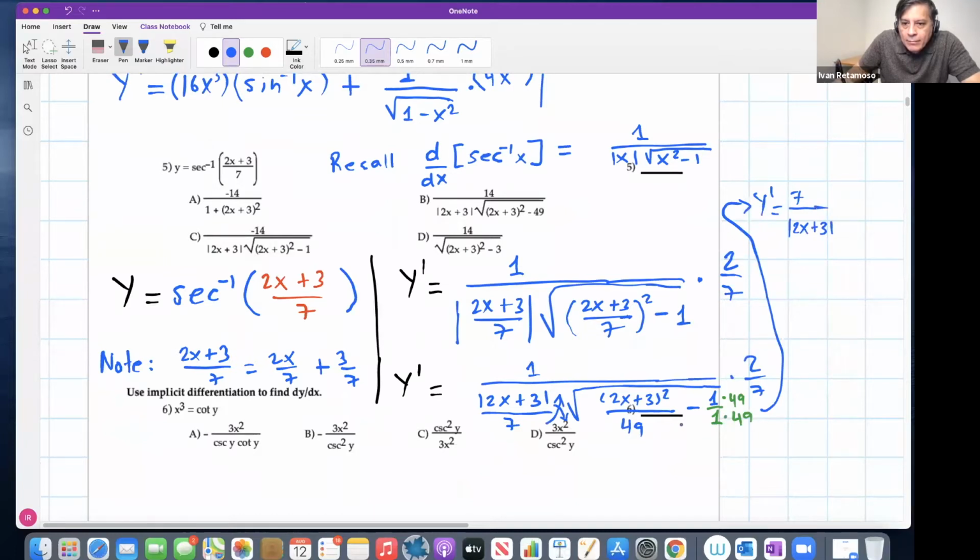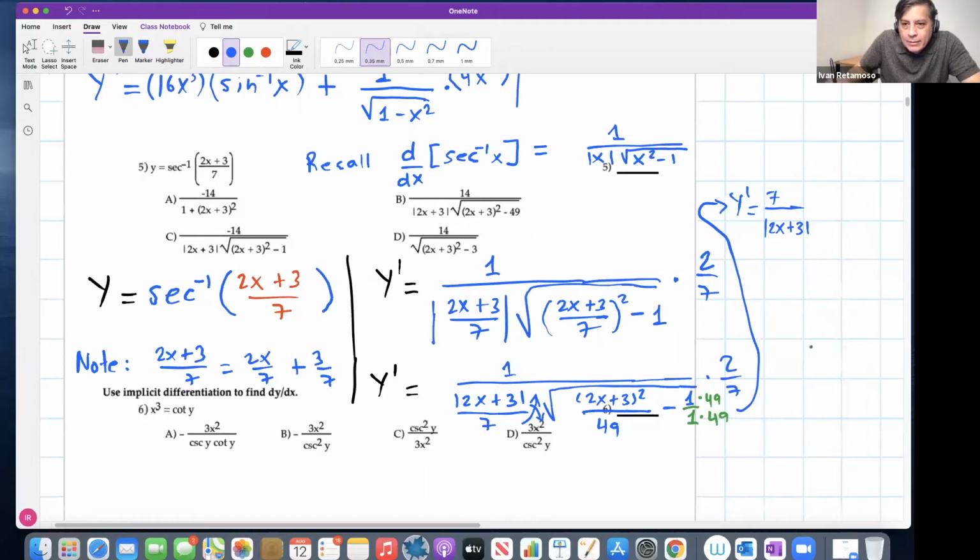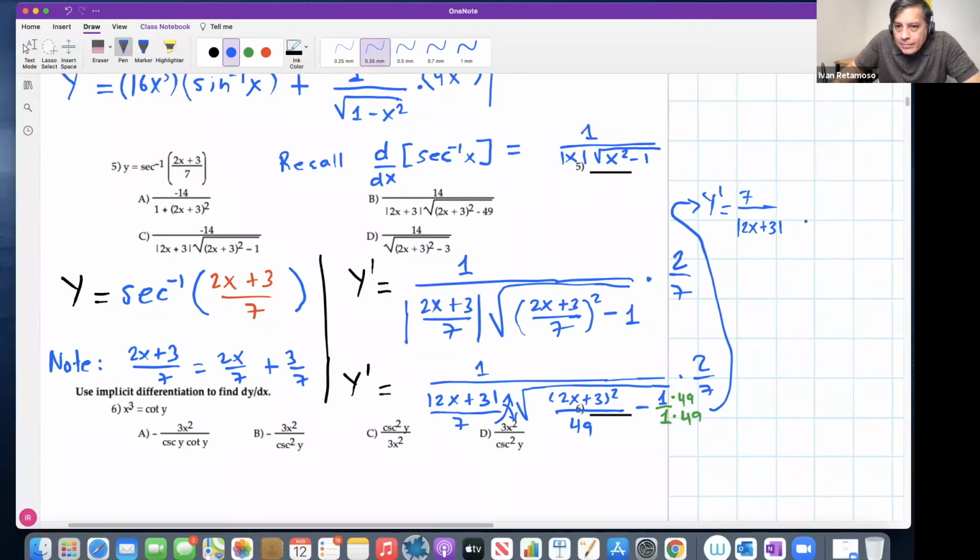This is going to be 49 on the bottom, with common denominator, and (2x plus 3) squared minus 49 on the top. When you take the square root of the denominator 49, a 7 will appear there. So this will be the square root of (2x plus 3) squared minus 49, but on the bottom, the square root of 49, which is a 7.